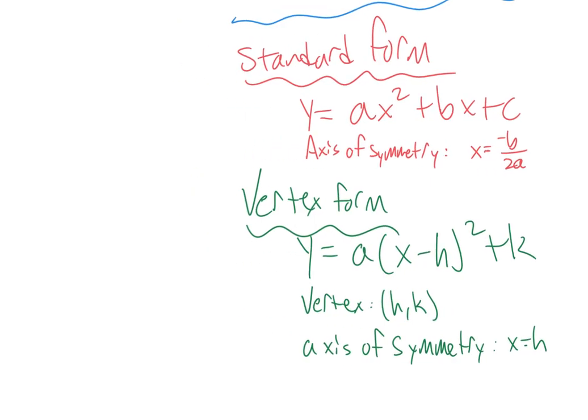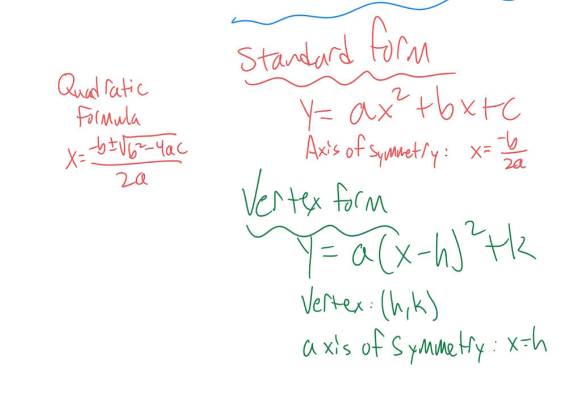Now, a little side note for memorizing that. Remember your quadratic formula that we use to solve quadratic equations? x equals negative b plus or minus the square root of b squared minus 4ac, all over 2a. And that will be given to you on the final exam.